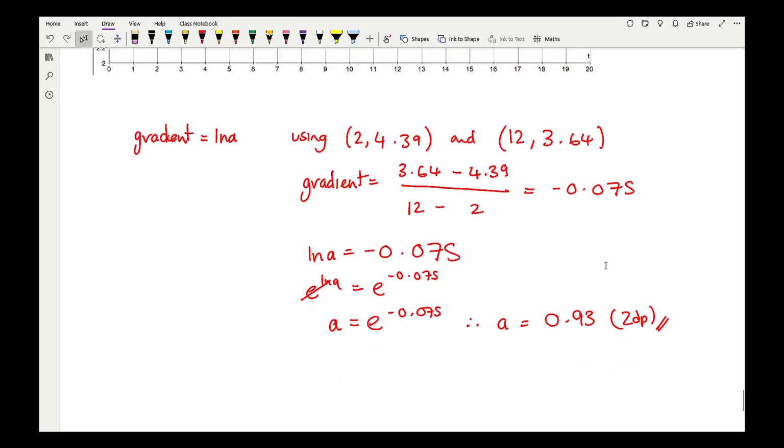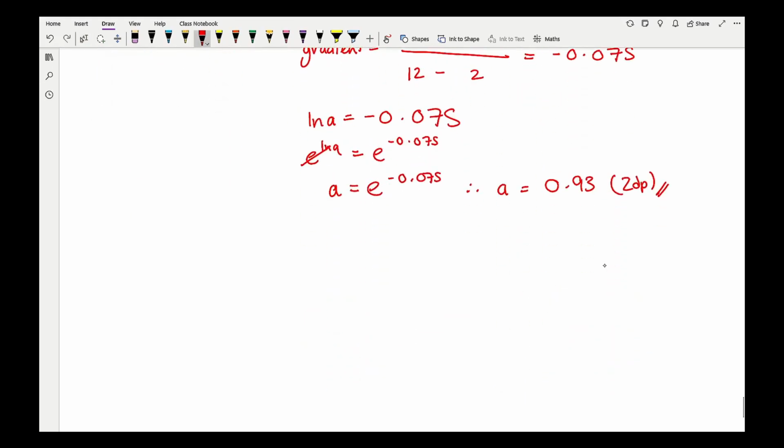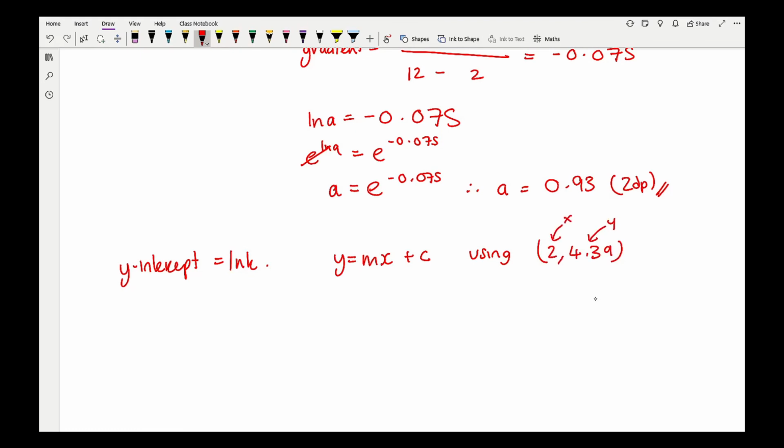Then looking at the y-intercept, which I worked out to be ln K. If I know that y equals mx plus c, I just have to pick a coordinate. So using, let's go for 2 and 4.39 as one coordinate. So this is my x, this is my y.